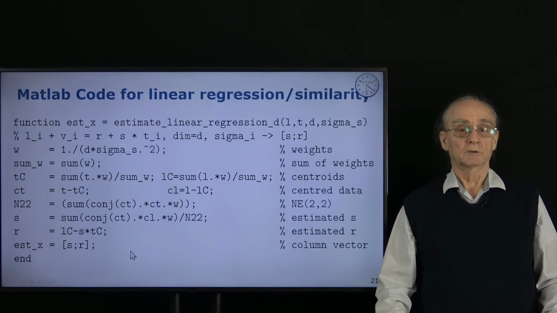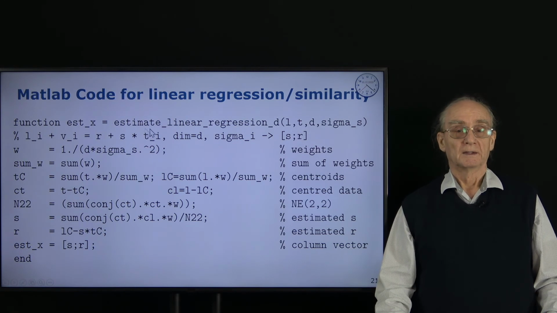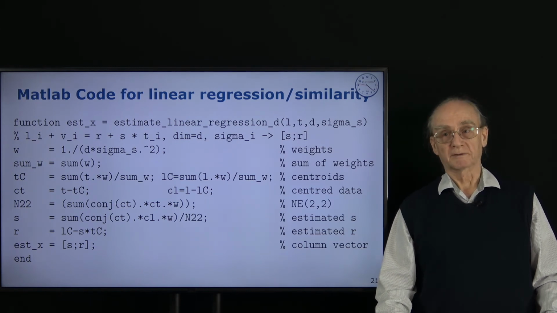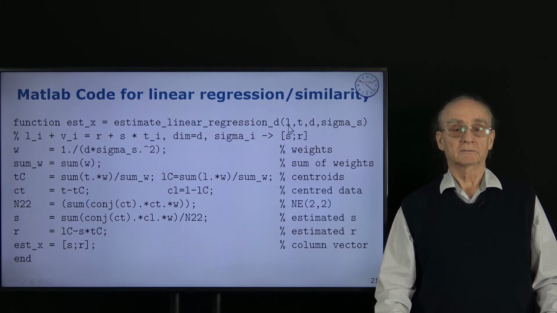So the algorithm looks like this. Very simple. So you have a function which gives you the estimated parameters. I write down here linear regression. And it works for real and it works for complex numbers. So we start with the L's. If they are real numbers, we have a normal linear regression.